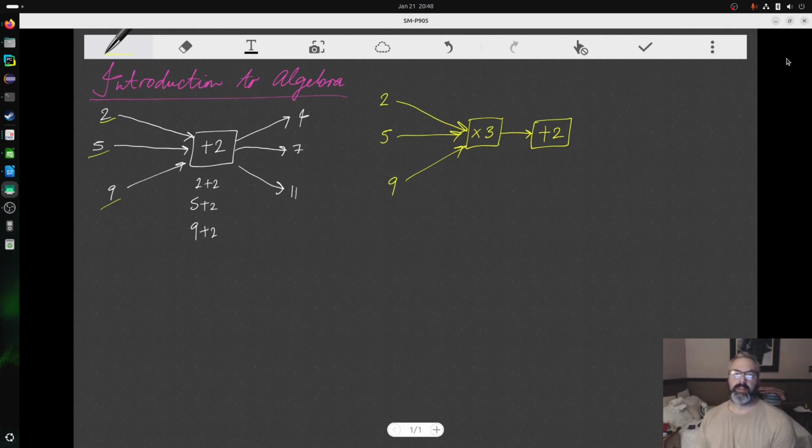And now let's have a look at what happens. If we add a 2 into our sequence, we have 2 times 3, and that is 6. And now we take our 6 and we add it into the plus 2 block, and then what we get out is going to be 6 plus 2, and that of course will be 8.